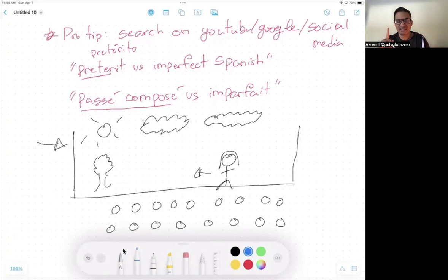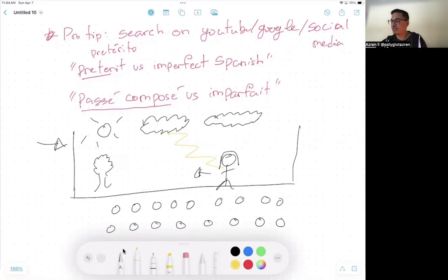But then something happens. Lightning strikes Alice, and she gets superpowers.